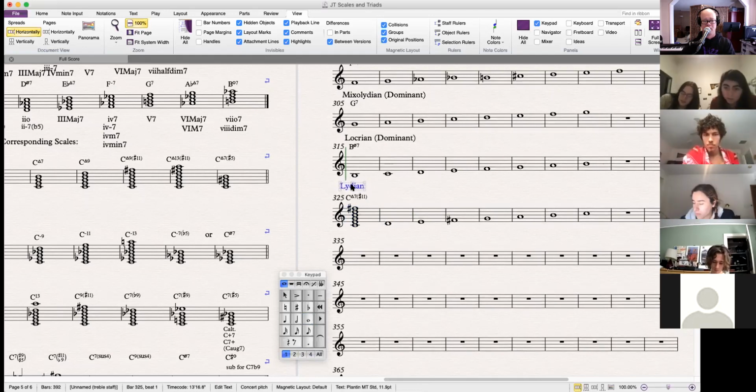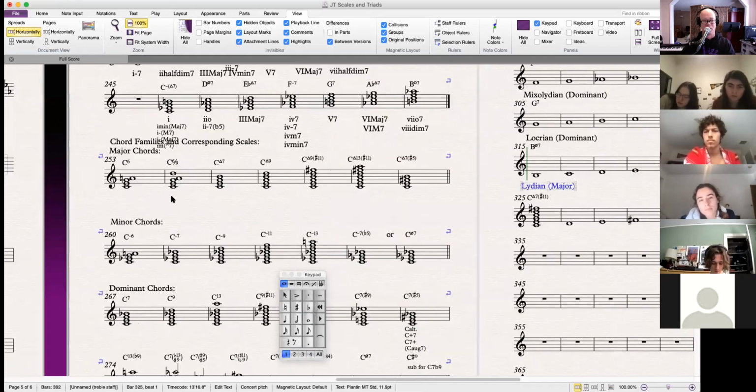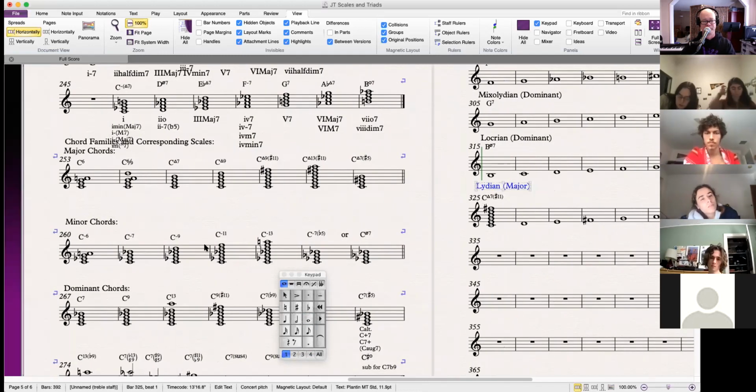So Lydian belongs to the major family. Lydian is a major scale, major quality scale. You see that? And it just provides a different color. So we saw over here, major quality, the sharp 11, C major sharp 11 is a major family chord. It's a major chord.